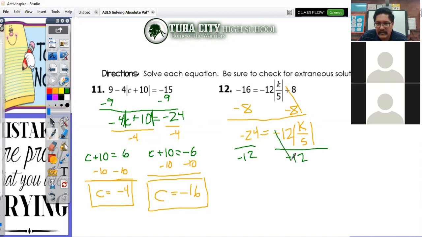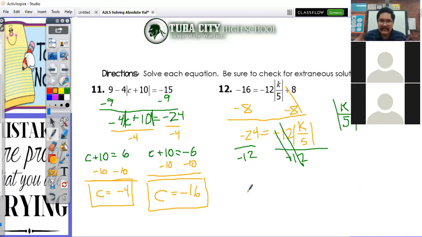Again, cancel the negative, cancel the 12. Now I have K over 5 equals negative divided by negative is positive, and 24 divided by 12 is 2. And now I can create my two cases.